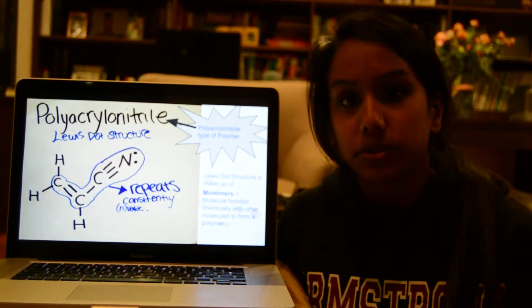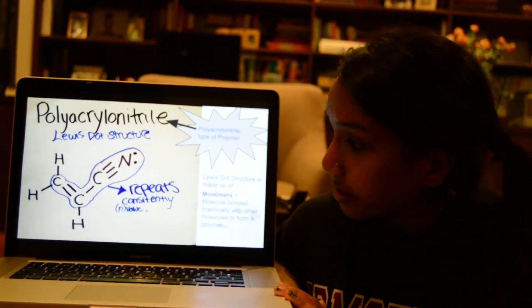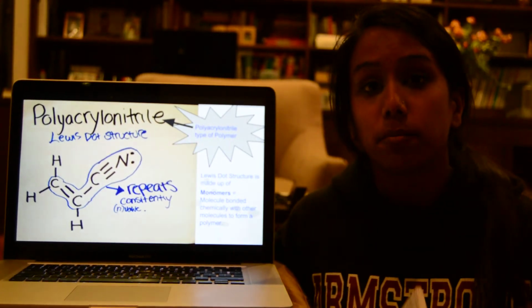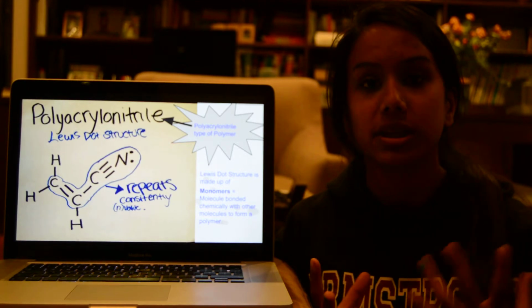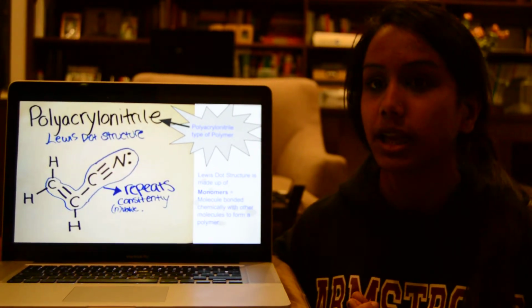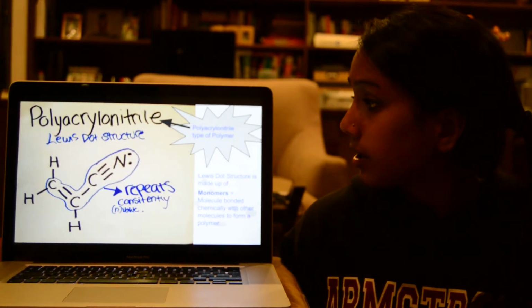If we look at the Lewis dot structure, we notice that carbon and nitrogen repeat themselves multiple times. We also know that polyester is a very large, broad topic, so we had to pinpoint one specifically, and that's polyacrylonitrile. Polyacrylonitrile contains nitrogen.